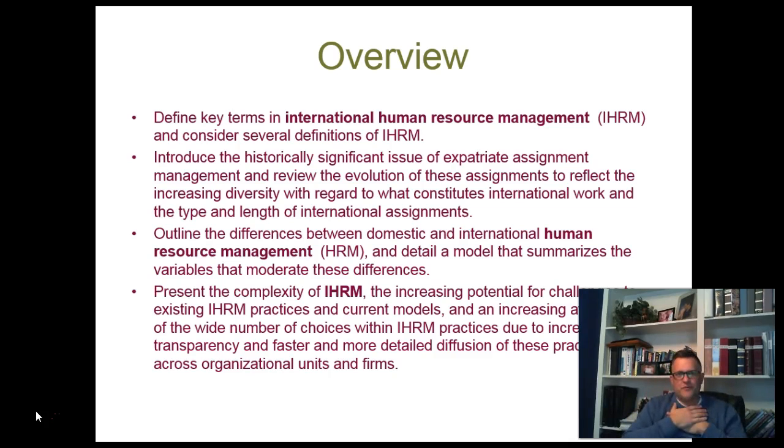It's much easier for me to recruit somebody. It's much easier for me to do training and development. It's much easier to administer compensation benefits. When you move abroad, when you're talking about managing those things from afar, it becomes a lot broader and a lot more difficult in scope. So keep that in mind.